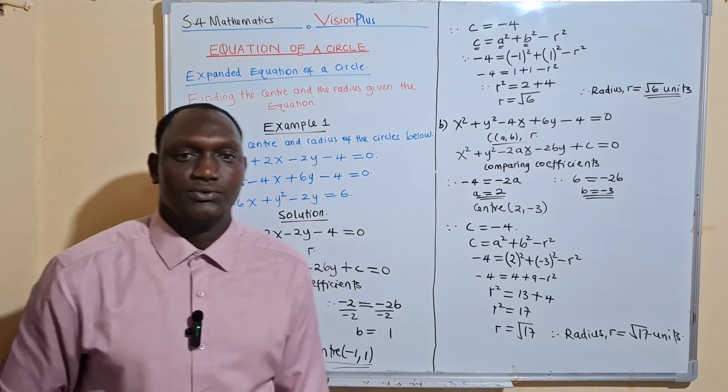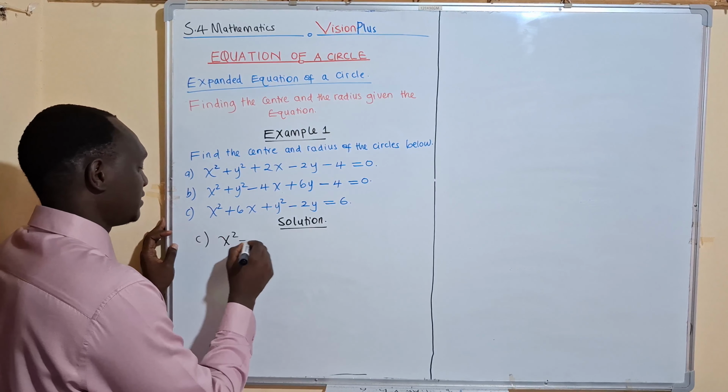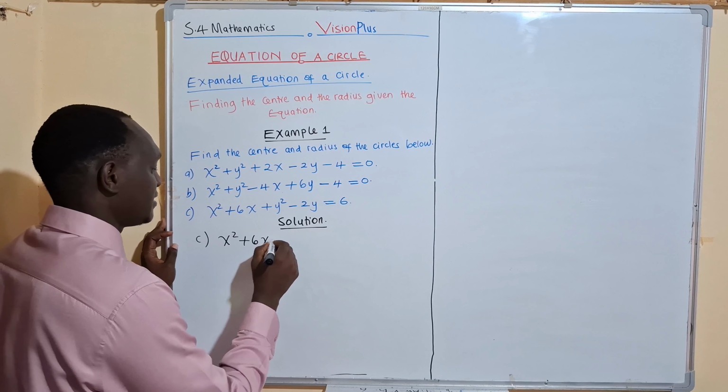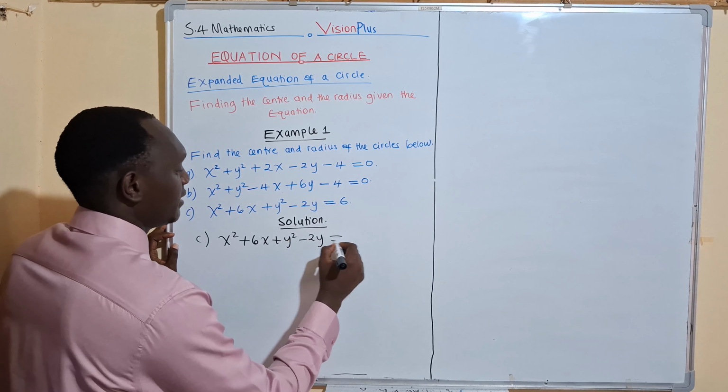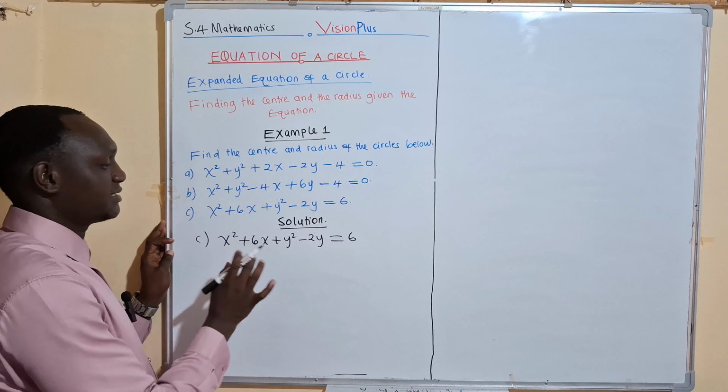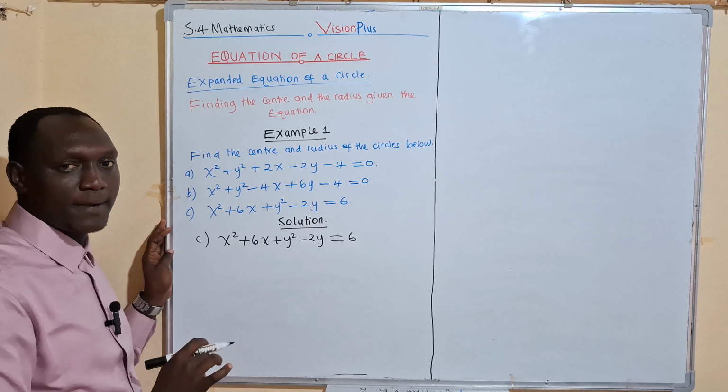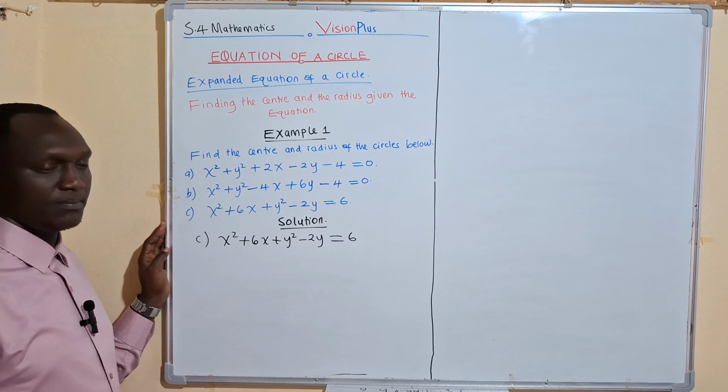And now going to part C. Part C is given as x squared plus 6x plus y squared minus 2y equals 6. If you look at this, yes, it is an equation of the circle, but it is not in the required form.